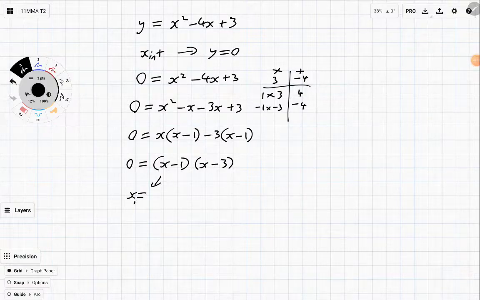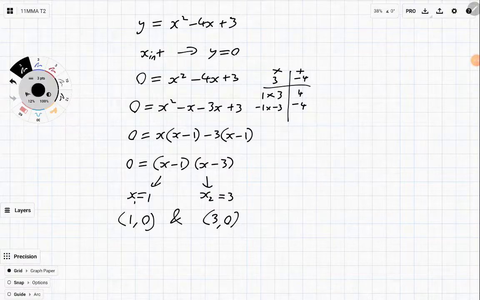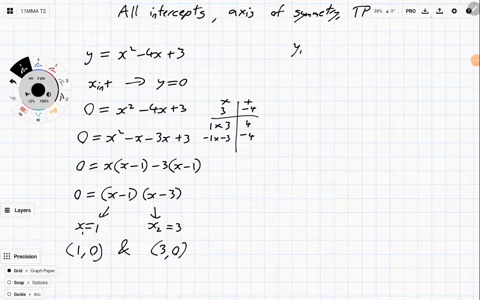So x1 is equal to 1, x2 is equal to 3. Therefore, we've got our two x-intercepts, which are 1, 0, and 3, 0.